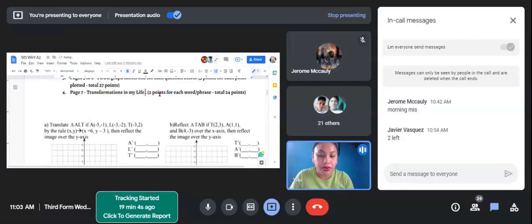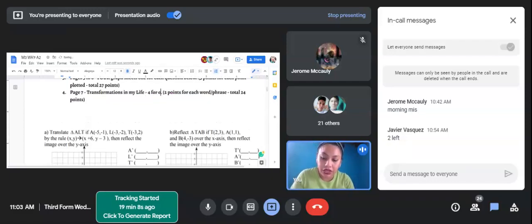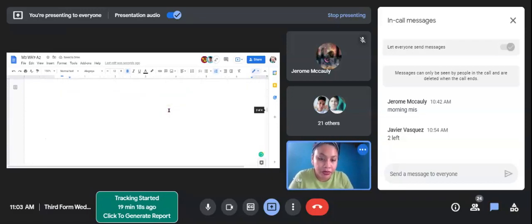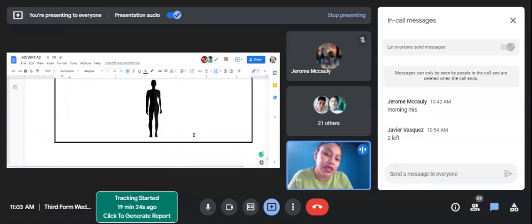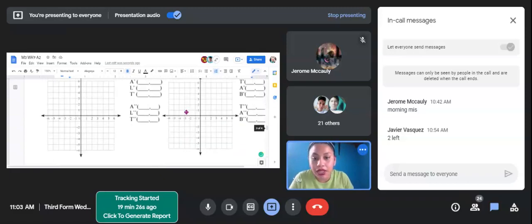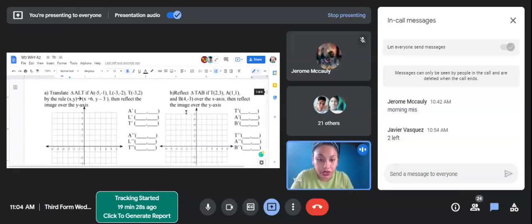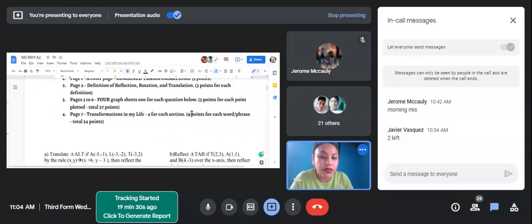I want to see 4 words, 4 for each section. And then I'm going to give you guys 4 points for each word because 8 words is a lot. So 4 words for each section. So I expect to see 4 words here, 4 words here, and 4 words here. And then you get 4 points for each word, right?